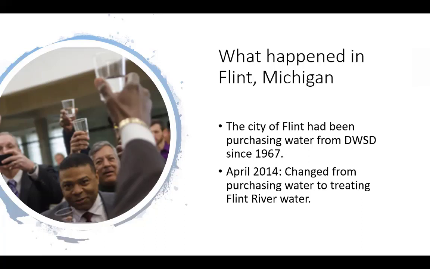There was a concern at that point in time that the Flint River could not produce sufficient water for the community and the industry. So at that point, they began purchasing water from what was then Detroit Water and Sewer Department, and they did so from 1967 until April 2014.